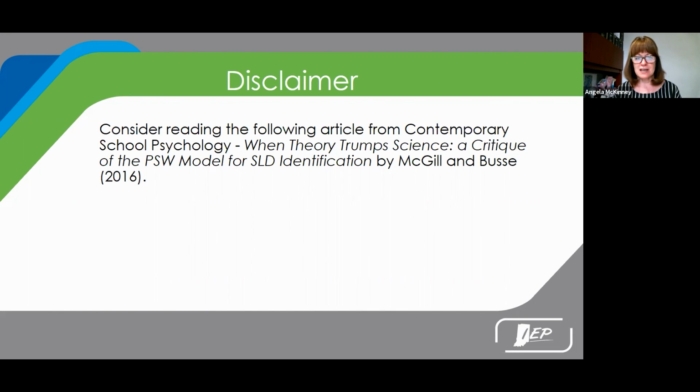Now, at the same time, I've been in on a conference that, very clearly in my mind, showed, using this method, using cross battery, a pattern of strengths and weaknesses. And in that case, the argument still came up.